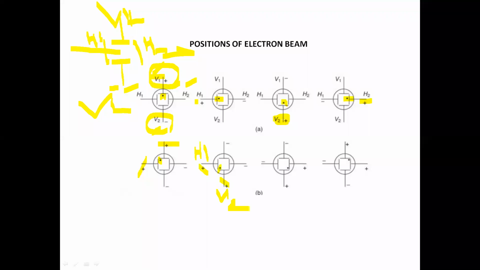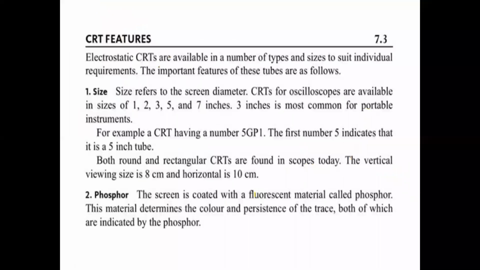Okay, so here H2 and V2 are positive, then the spot lies here. Here V1 and H2 are positive, then the spot is here. So depending upon the polarities of the vertical and horizontal plates, the bright spot will be located at different positions. Okay, so this is about the position of the electron beam.